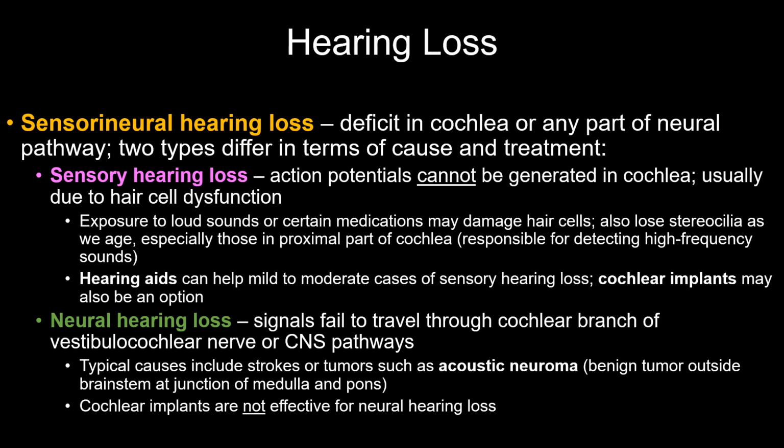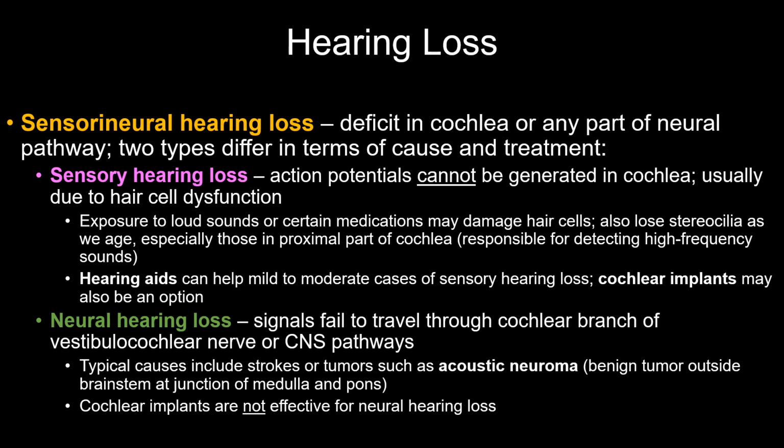There's also neural deafness or neural hearing loss, and this occurs when the action potentials fail to propagate. They fail to travel through the cochlear branch of CN8 or to the CNS pathways. Now, these are typically caused by strokes or tumors. One such tumor is an acoustic neuroma, and this is a tumor outside the brainstem at the junction of the medulla and the pons.